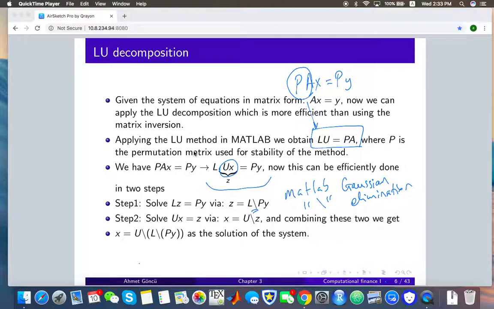Once we are able to get z, this z can be used in the inner equation, which is U times x equals z. The same Gaussian elimination can be utilized in this step, and the solution for x can be obtained as U backslash z. Finally, combining these two steps in one line of code, we can write the solution of this system of equations as U backslash L backslash P times y.